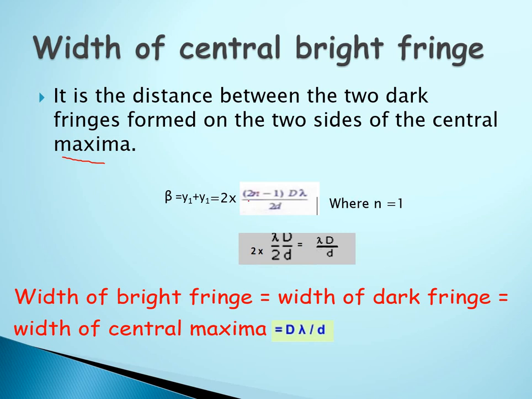The condition for the dark fringe is (2n minus 1) lambda D by 2d. This is the first dark fringe, so we substitute n equal to 1, and finally here also you get lambda D by d. So the width of the bright fringe is equal to the width of the dark fringe, which is equal to the width of the central maxima.